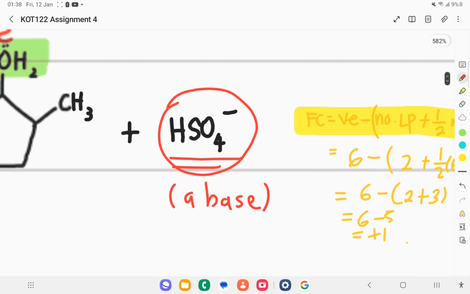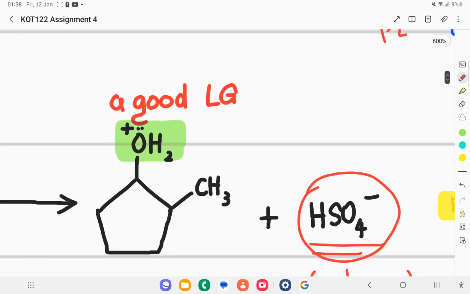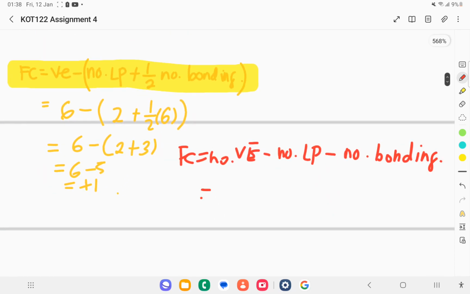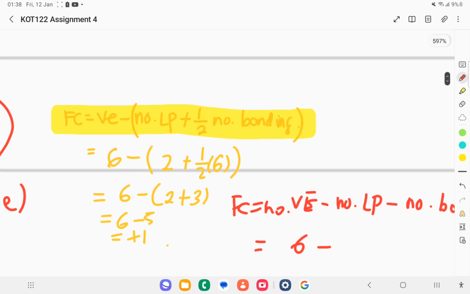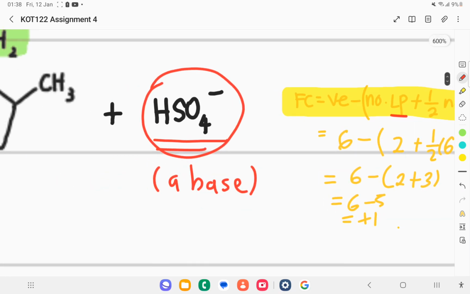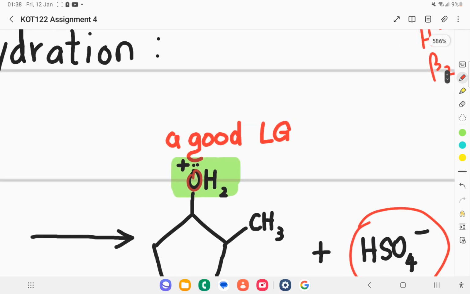So for this oxygen atom, it has 6 valence electrons, minus lone pairs. How many lone pairs does this oxygen atom have? 1, 2.